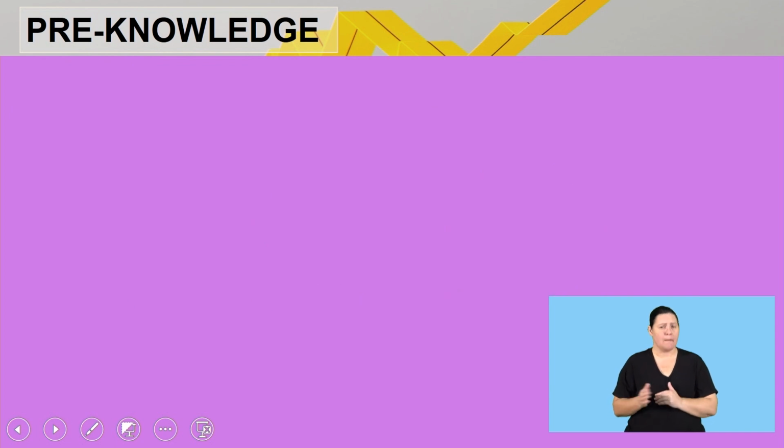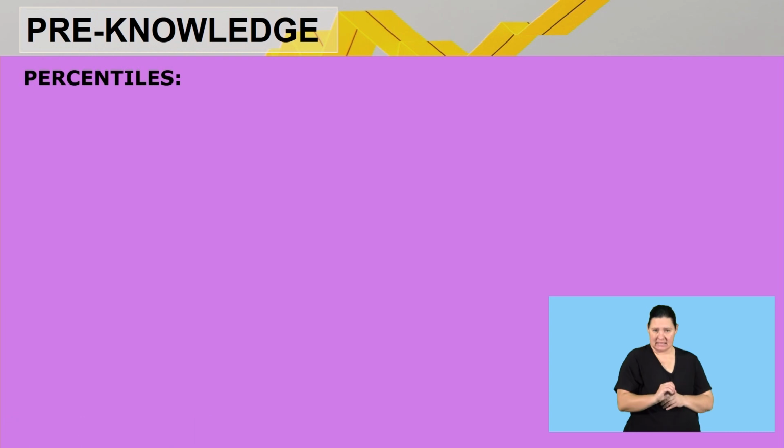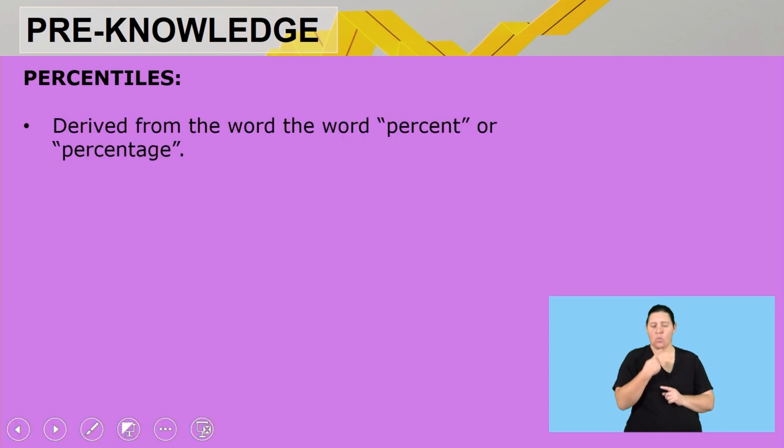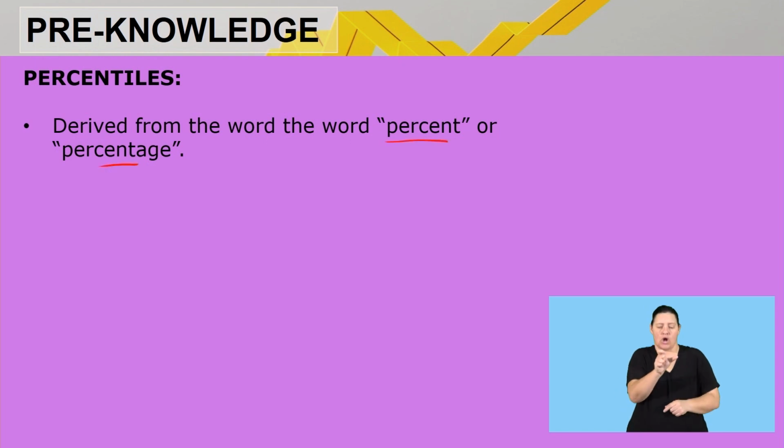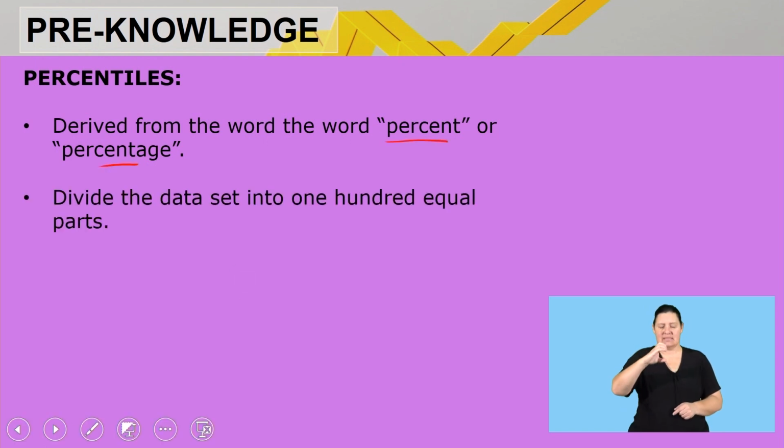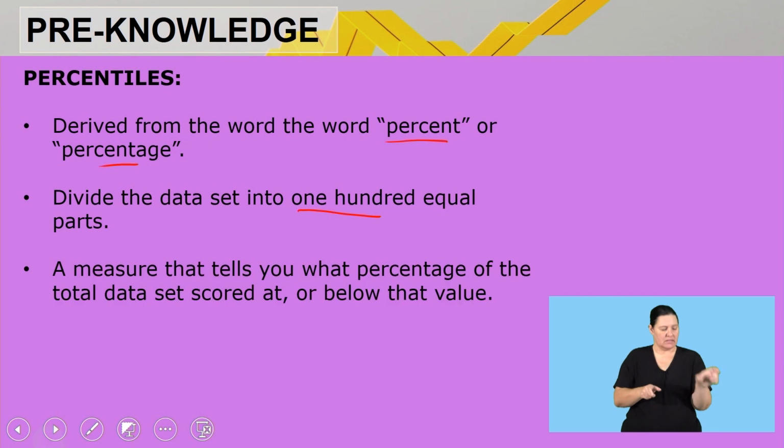What else is important at this moment in time? Percentiles, as I indicated, will be one of the topics we will focus on. Percentiles is derived from the word percent or percentage. Also important, percentiles divide our data set in 100 equal parts. Important to note that.